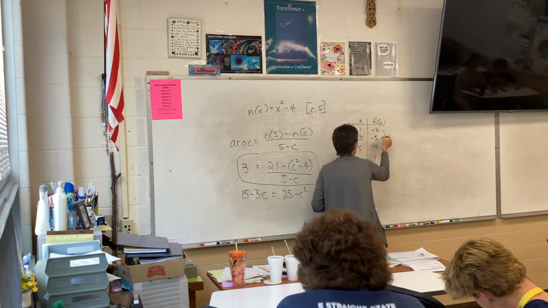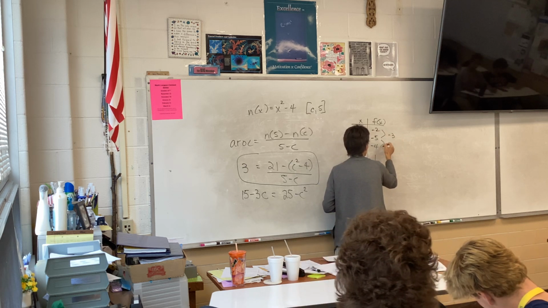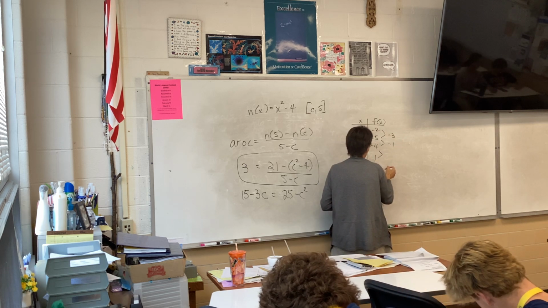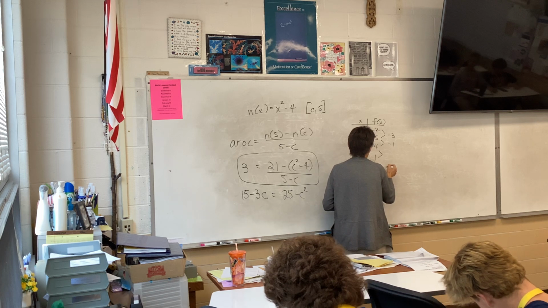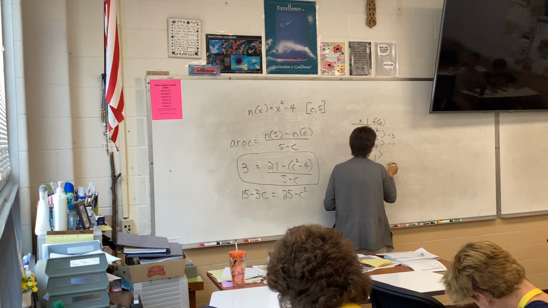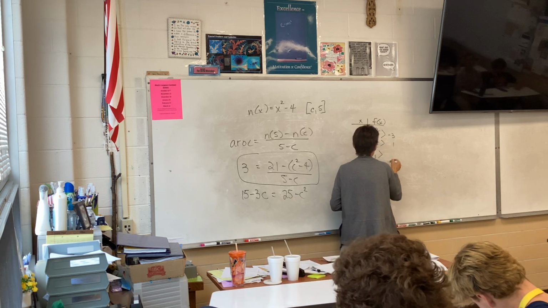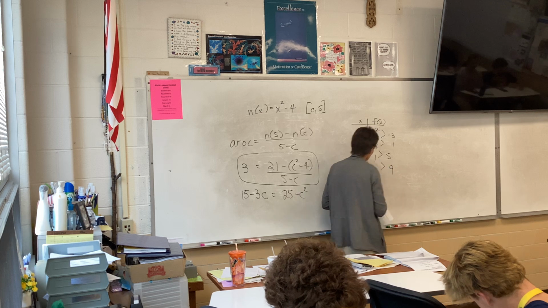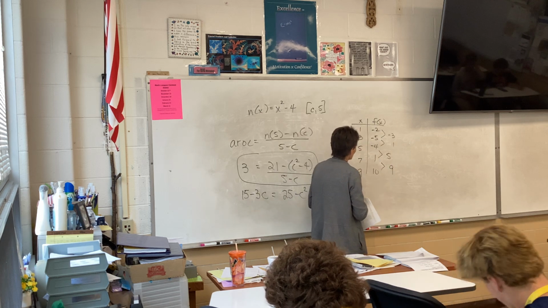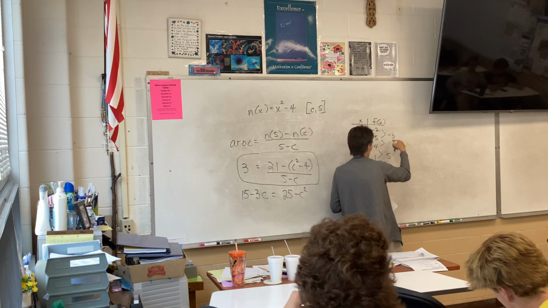All right, so these differences, let's see, I'm going down by 3, down by 1. Up by 1, thank you, up by 1, and then up by 5, and then up by 9. This is the first differences.